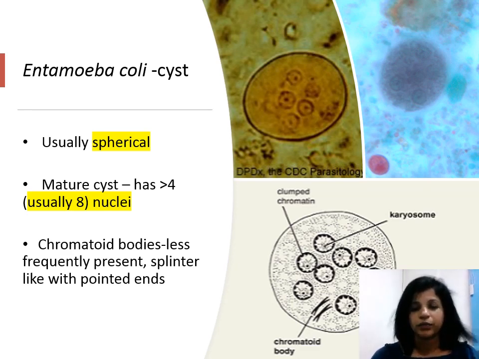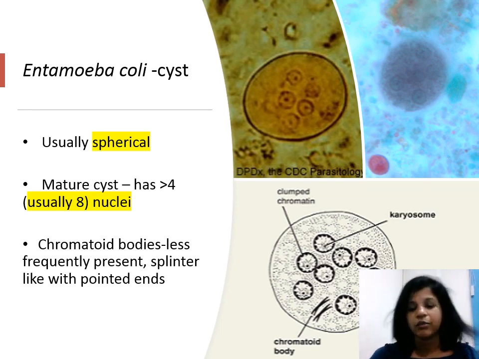What can go wrong is that sometimes you may think of Entamoeba histolytica, but of course when you have the size measurements, Entamoeba coli is larger than Entamoeba histolytica. With that you can have a good guess that this is pointing to Entamoeba coli rather than histolytica.